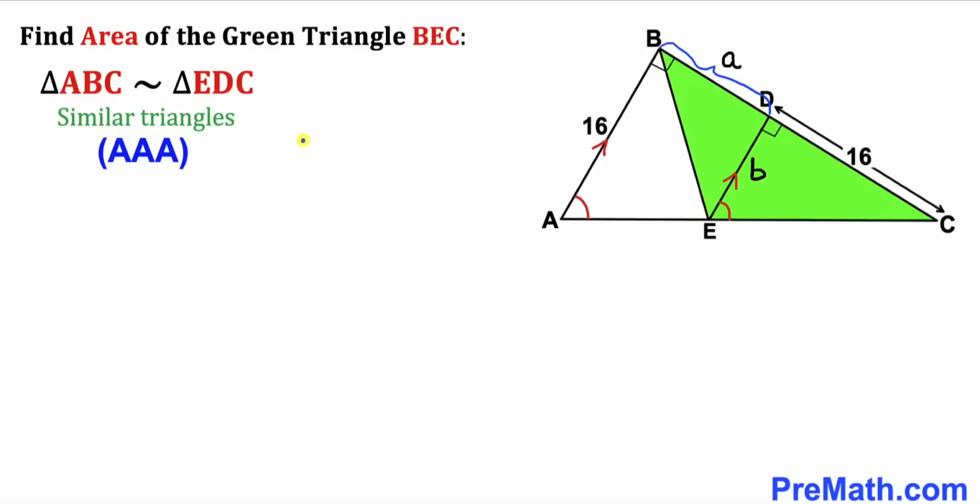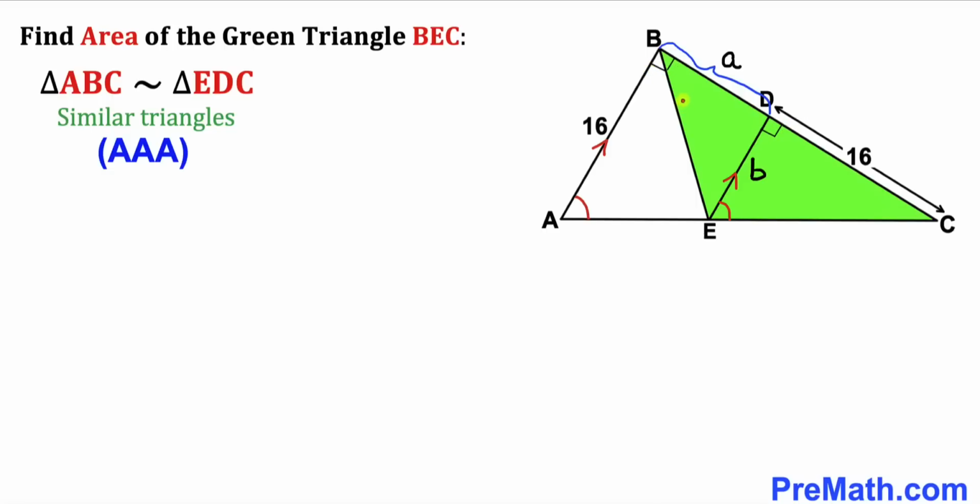So we conclude that these two right triangles ABC and EDC are similar triangles according to the angle similarity theorem. And we can see that this angle is in common for both of these triangles, and this is our 90 degree angle.